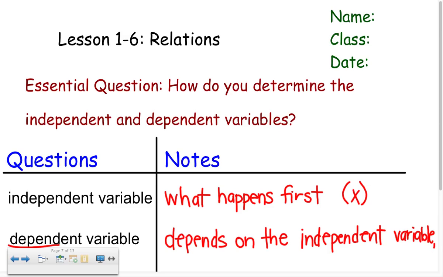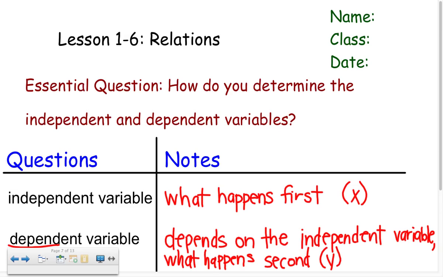And you can also think of it as what happens second or last, which is our y value.